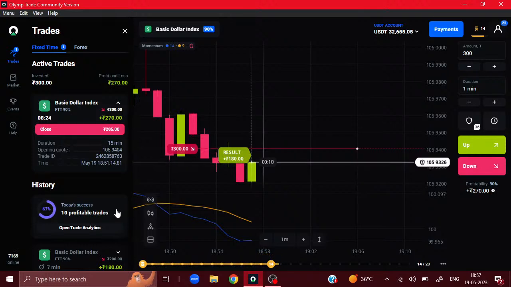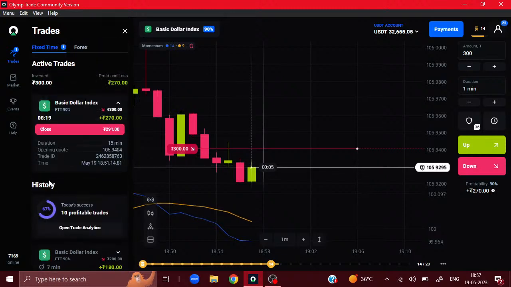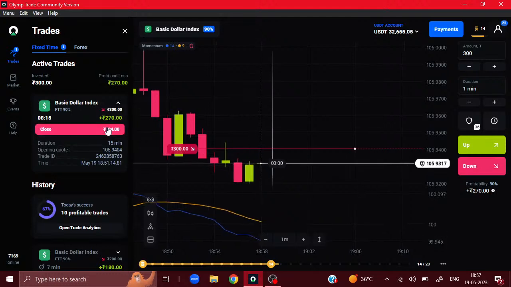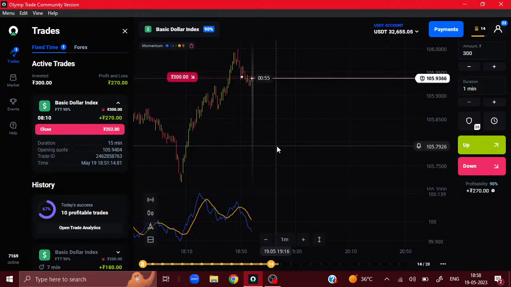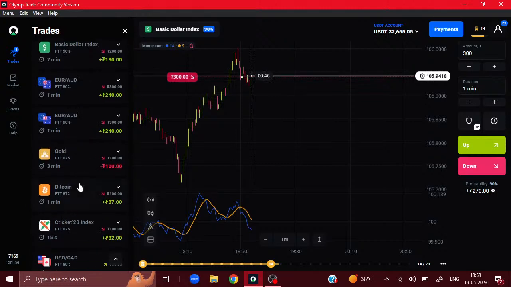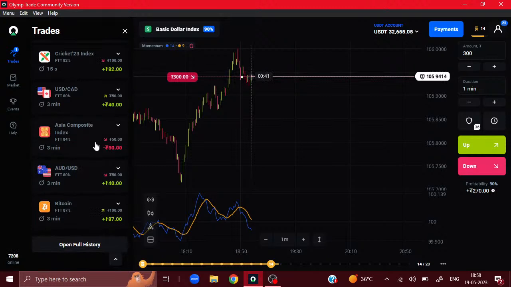So we are now very close to earning almost $1,000 in this session. $1,000, guys. Only two trades went against us. One was the gold asset and the other one was the Asia Composite Index, and the basic dollar index trade is live.